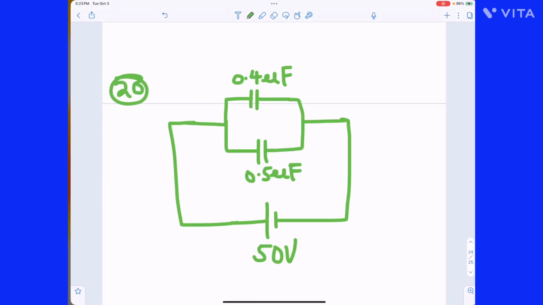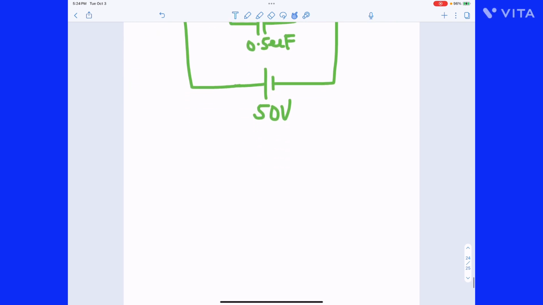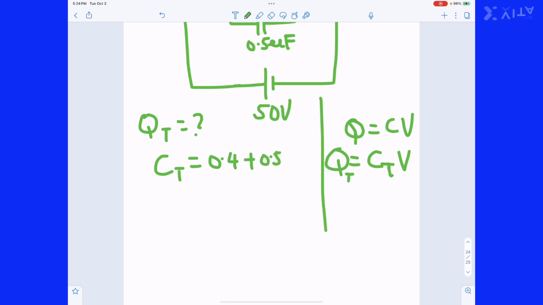Okay. Total charge acquired is total voltage times total capacitance. So what we need first is Q total. Using Q is equal to CV, we will do Q is equal to C total times V. But before we can get Q total, we have to get C total first. C total will be 0.4 microfarad plus 0.5 microfarad. Can you see that?